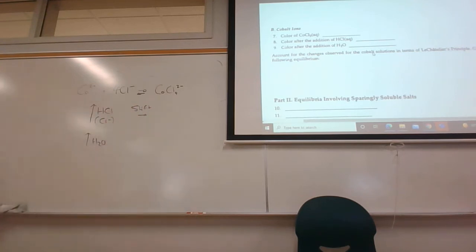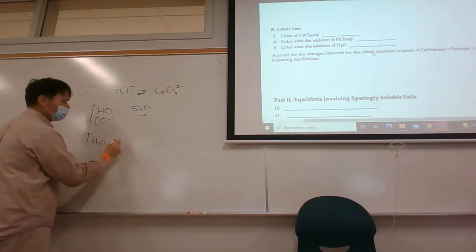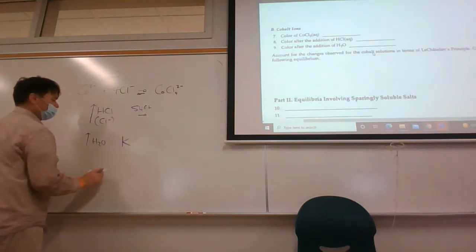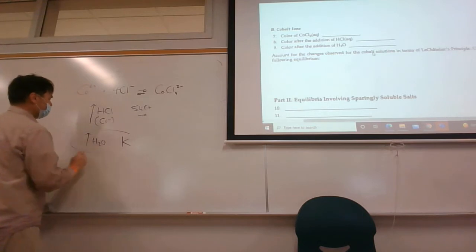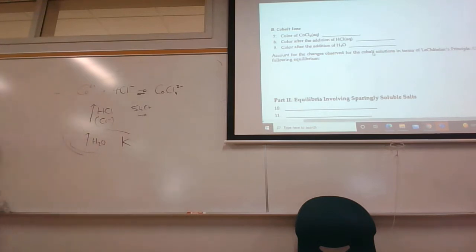Now, for H2O, we can see this by K. There's going to be a different impact. So when I look at K, let's do that over here. K is going to equal the COCl4 2- concentration at equilibrium, divided by the Co2+ concentration at equilibrium and the Cl- concentration at equilibrium to the 4th power.